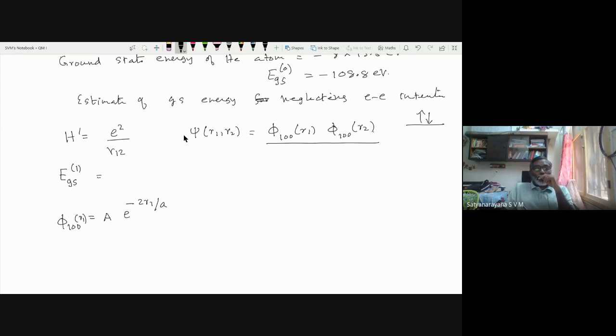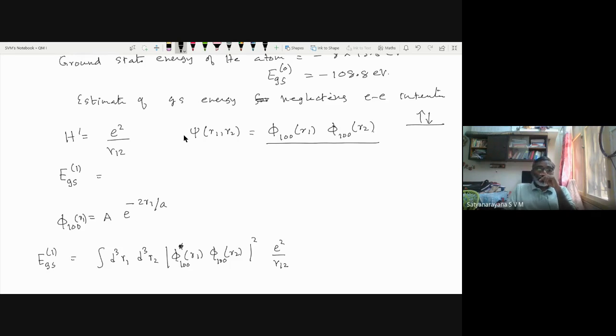Now, to get the first order correction to the ground state energy, you have to calculate the expectation value, that is essentially the integral d3r1 d3r2 of modulus phi 100 of r1 into phi 100 of r2 squared, into e square by R12.